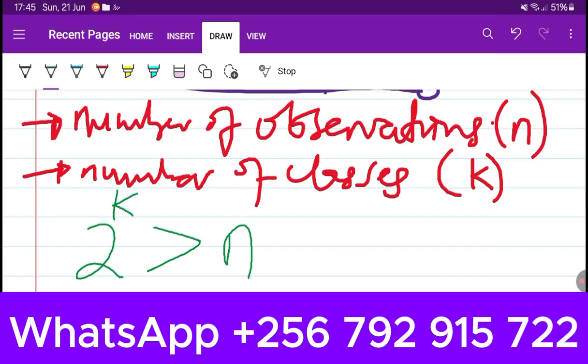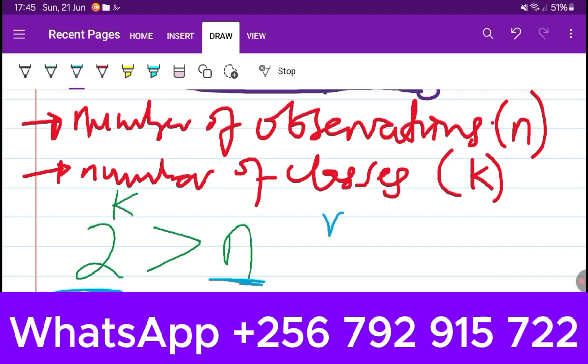So the implication here is that we need to find the smallest exponential of this number 2, and the value that we get here should be higher than our number of observations.